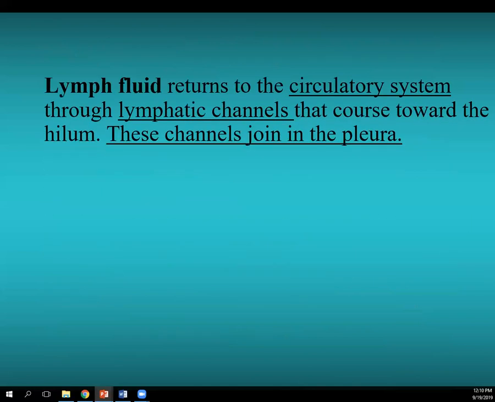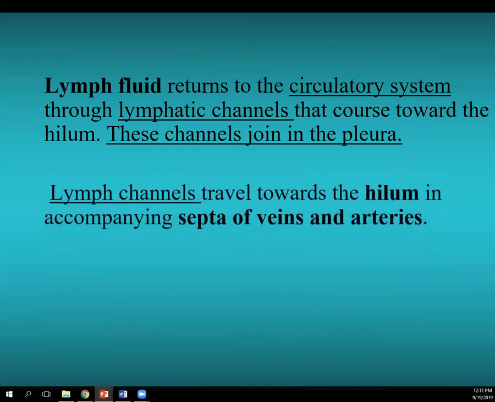Then the lymph fluid returns to the circulatory system through the lymphatic channels, which course towards the hilum. We know what the hilum is. We discussed that in last class, and these channels join the pleura. So these lymph channels travel towards the hilum and accompany the septa of the veins and the arteries.